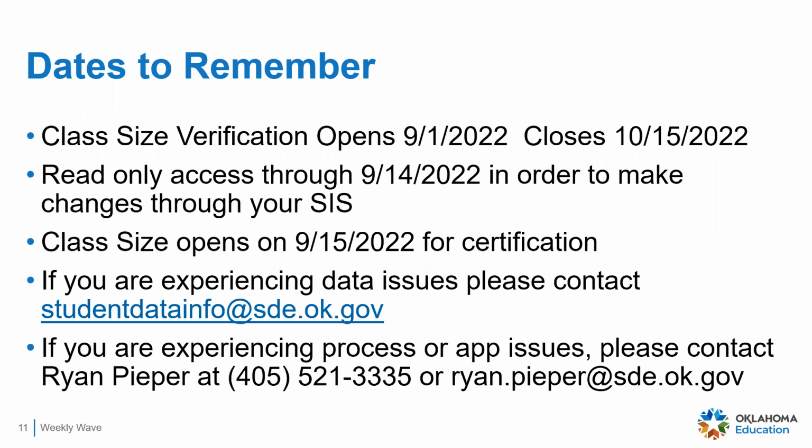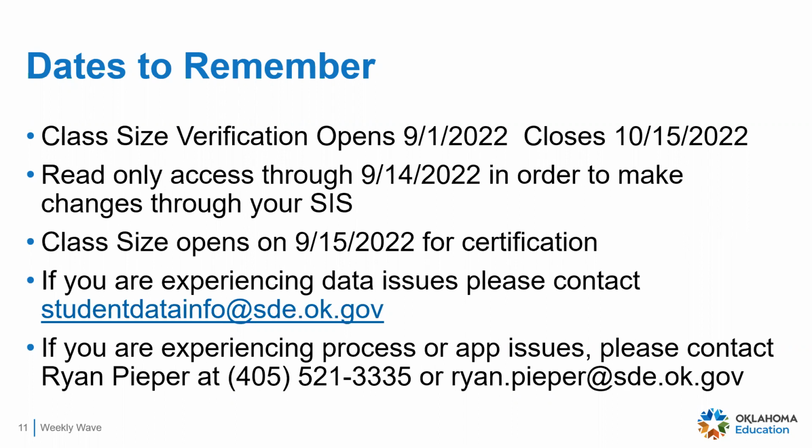For right now, access the Wave integration tab on the class size verification app and make sure you're checking your teacher certifications, your course list, and your students, because that will let you know if there are any changes that need to occur in your SIS. You really need to look at that right now so you can clear those out before it goes live for certification.